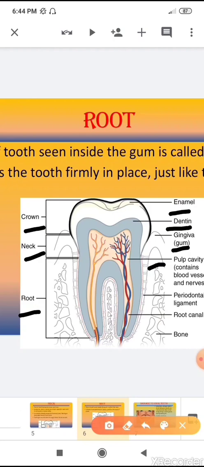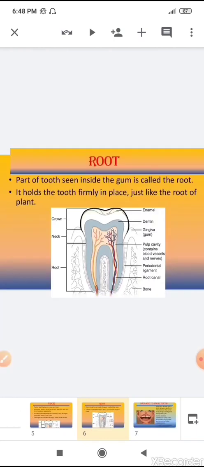The function of blood vessels is to carry the blood into the tooth for nourishment, and the function of nerves is to carry the message or feeling from the tooth to the brain and from the brain to the tooth. Then we have learned about the root. The main function of the root is to hold the teeth firmly in place, just like the root of a plant.